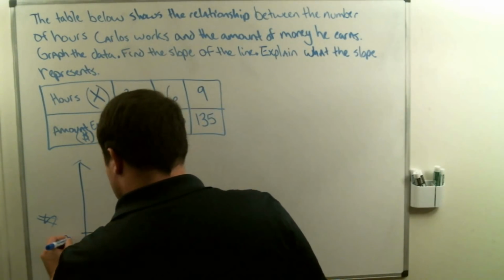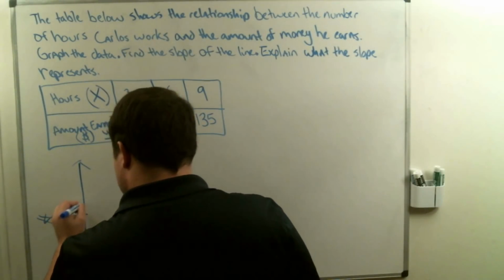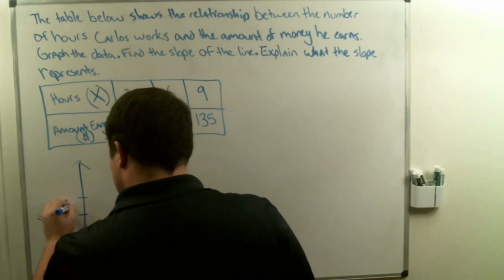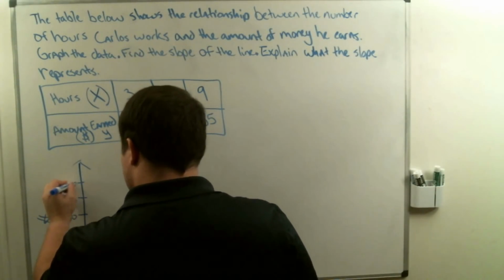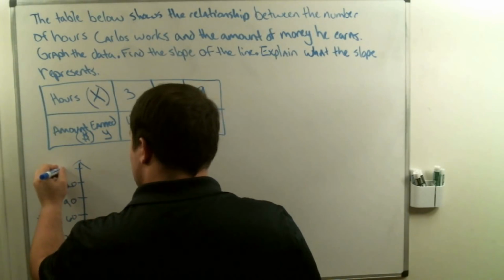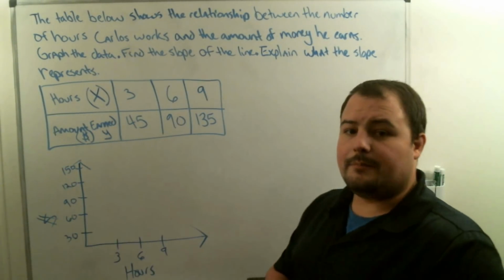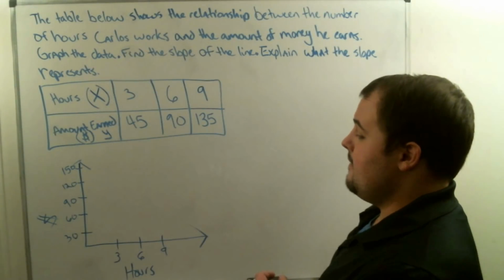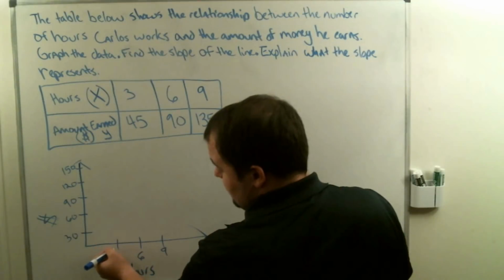So I have 30, 60, 90, 120, 150. Alright, so I decided to count by 30s to make my graph. So first number is 3 and 45.